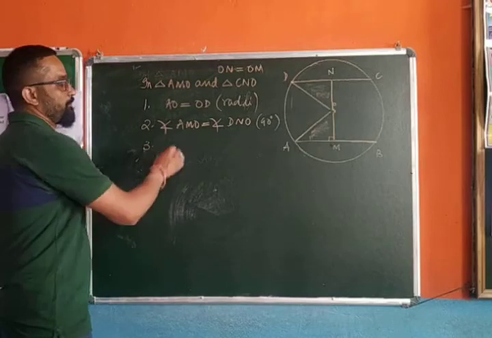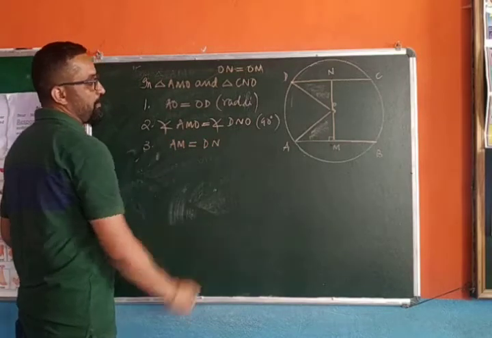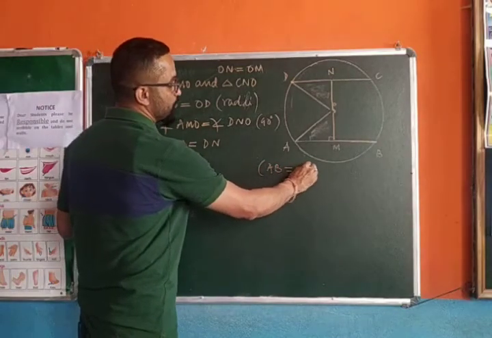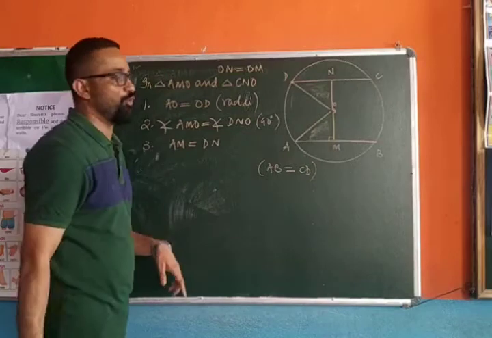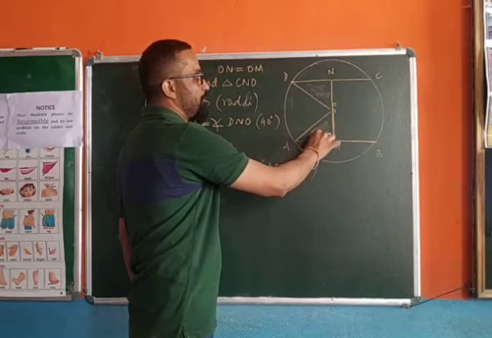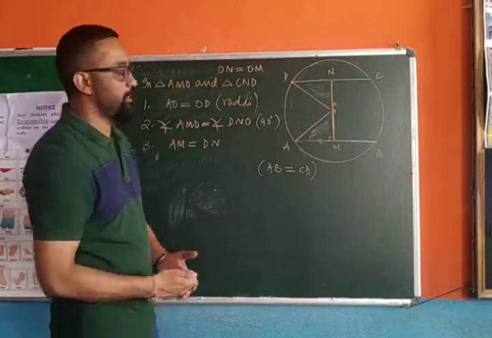Third one, AN is equal to DN. Reason is chord AB is equal to CD. Chords are equal. A line drawn from the center to the chord divides the chord in equal halves. Bisect it.